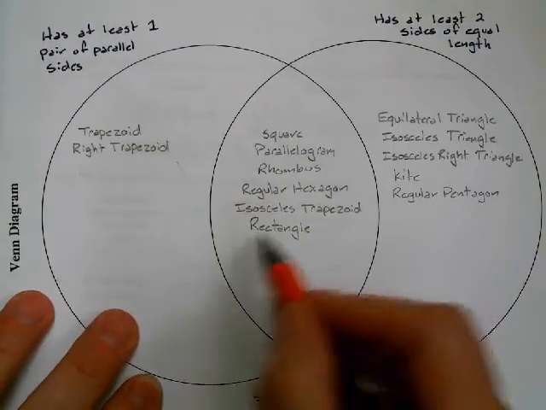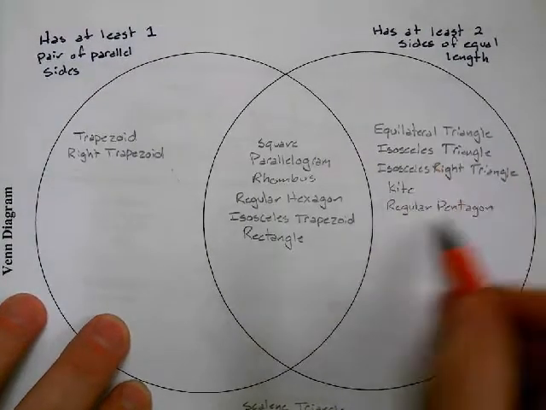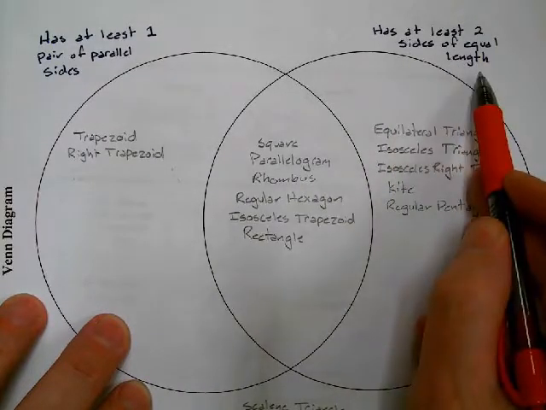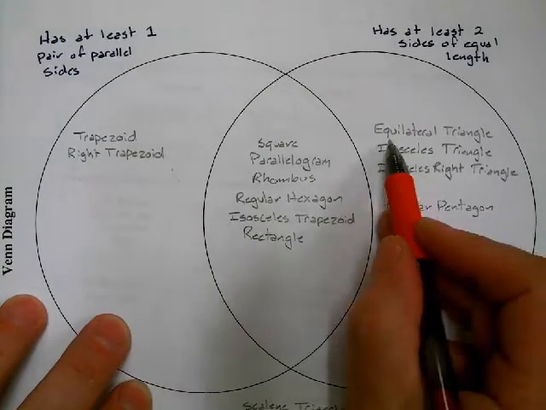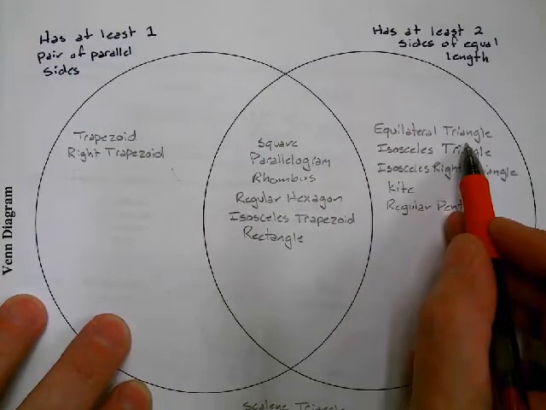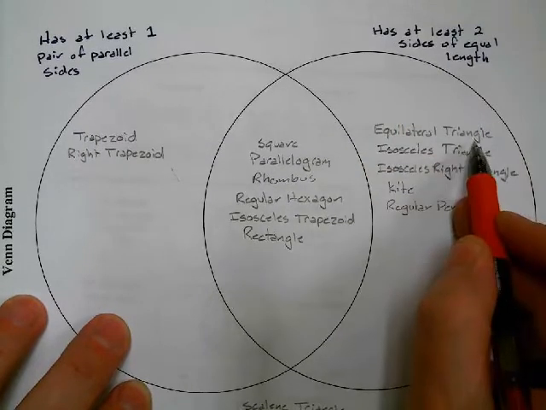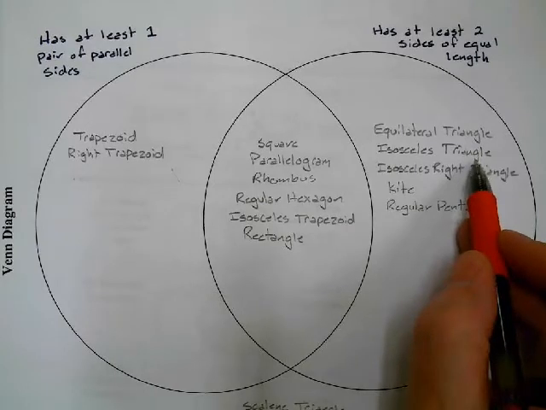Now over here, these ones have two sides of equal length, but they don't have any parallel sides. So we talked about this earlier, equilateral triangle. It has three sides, but this has at least two, so that works, but no parallel sides. Isosceles triangle, that has two sides of equal length, no parallel.